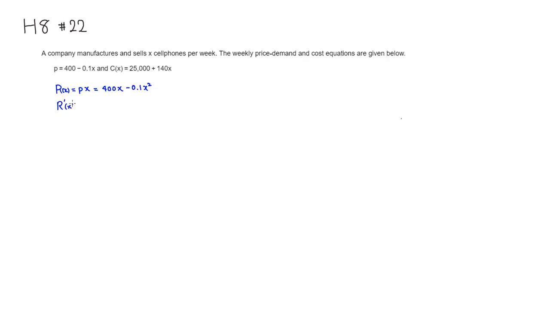R prime of x is equal to 400 minus 0.2x. We set that equal to 0 and subtract 400 from both sides. You get negative 0.2x equals negative 400.